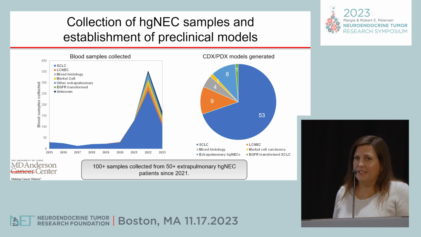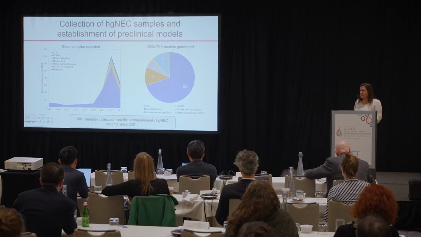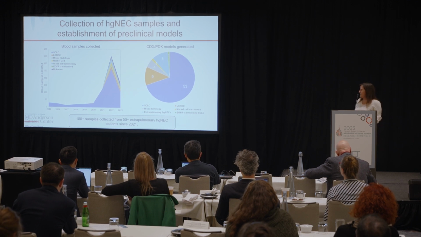We've also generated a good number of models from these patients, including 2 circulating tumor cell-derived PDXs from extrapulmonary high-grade NETs, which suggests that these patients have a good number of circulating tumor cells, similar to what we see in small cell lung cancer.